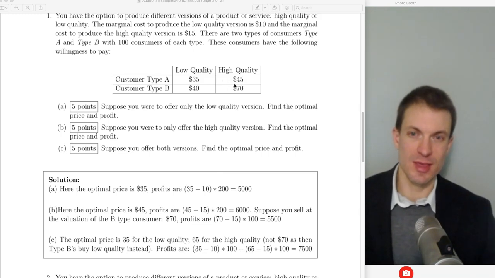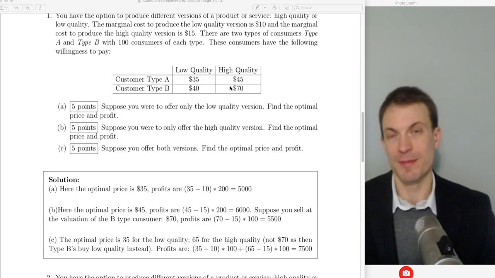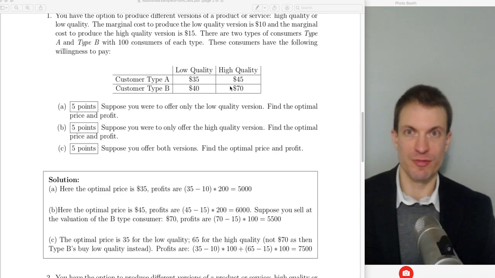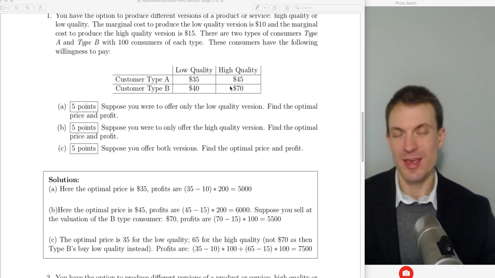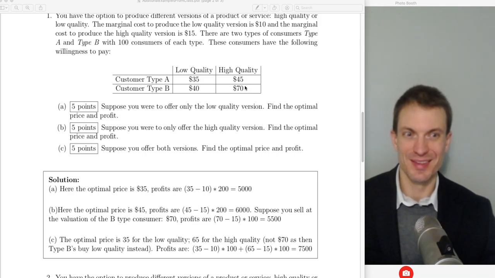You might think we want to set the price of 70 because that's what the type B consumers are going to pay. What happens though? Remember, everybody gets to face the same prices. If our type B consumers see that price of 70 and that price of 35, they're going to say, wait a minute, if I buy high quality at a price of 70, my consumer surplus is 0, because my willingness to pay for high quality is 70.